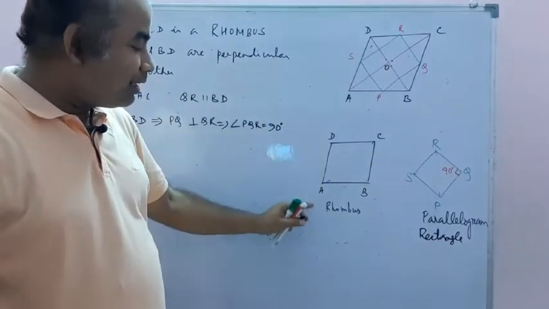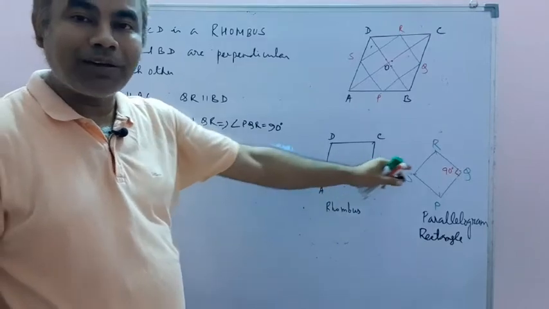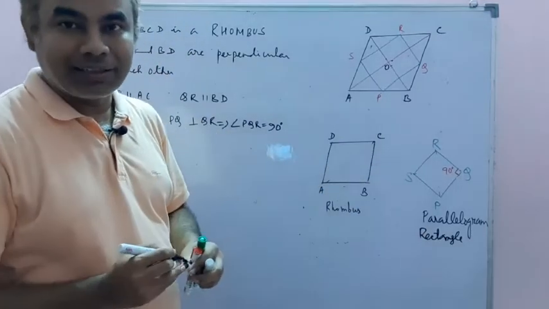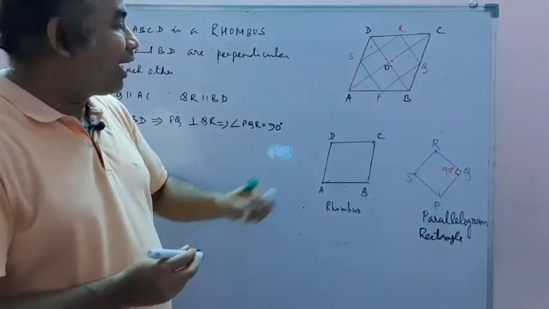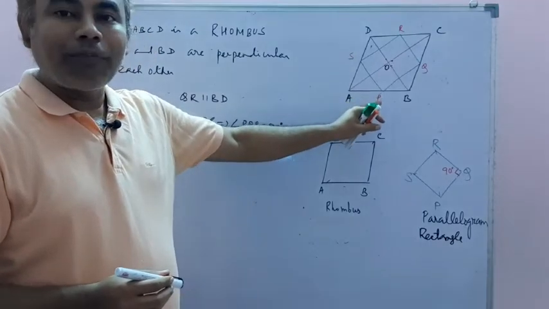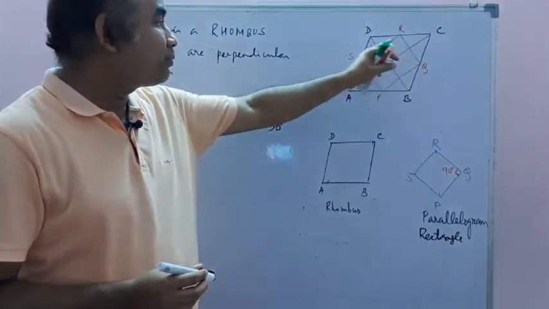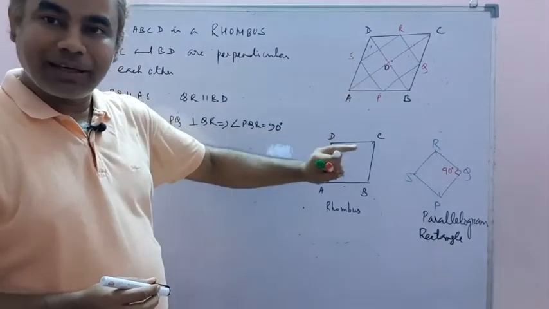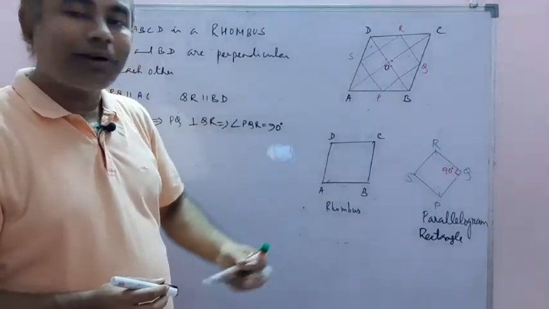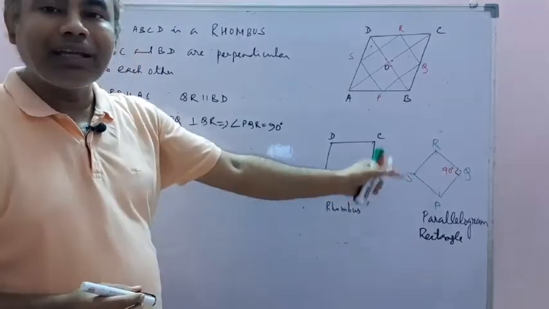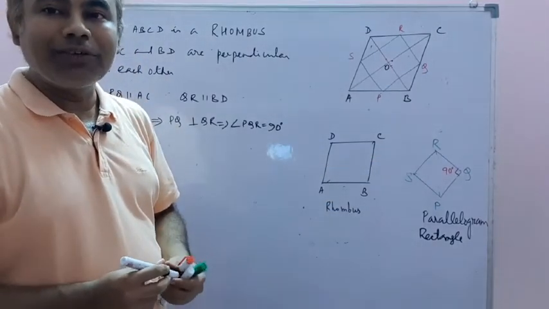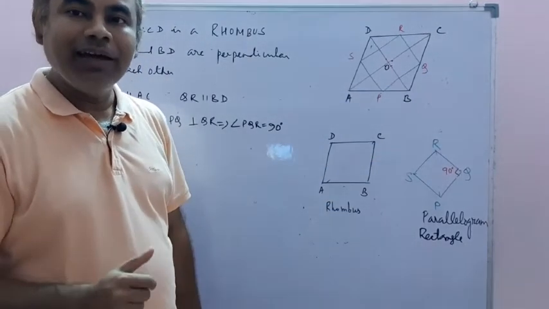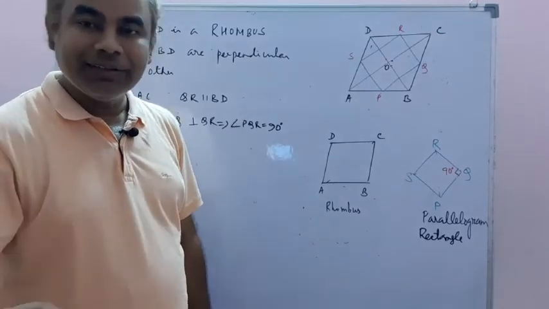But if ABCD is a rhombus, then this parallelogram will be a rectangle. That means the quadrilateral formed by joining the midpoints of the sides of a quadrilateral is a parallelogram. But if your given quadrilateral is a rhombus, then the parallelogram so formed will be a rectangle. Okay, clear?